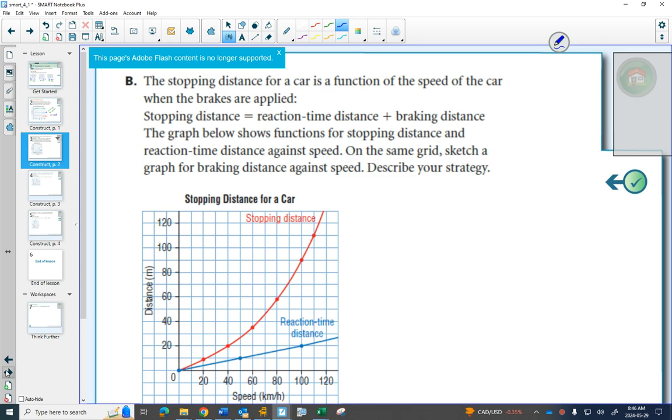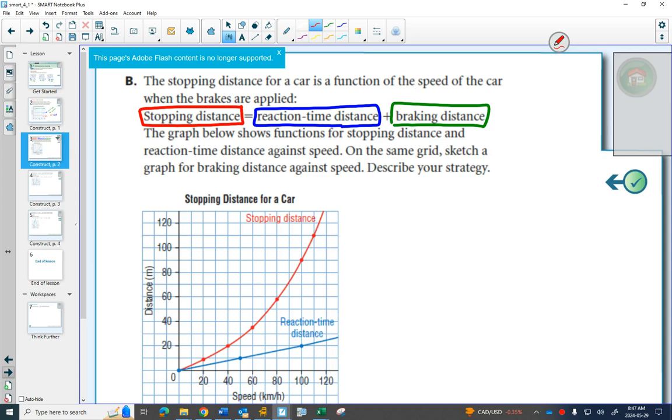So when you brake, you slide a certain amount, and that is called the braking distance, which we're going to do in green. And if you take the reaction distance, which is the blue one, and add the braking distance, well, this is like the adding that we just did. You would add those y values, and you would get your stopping distance, which is shown in red.